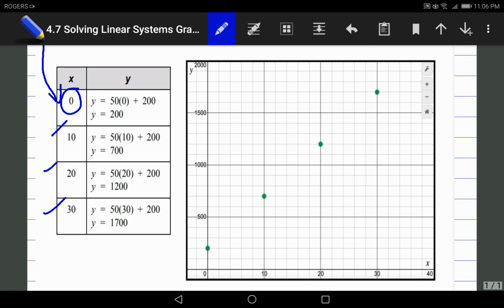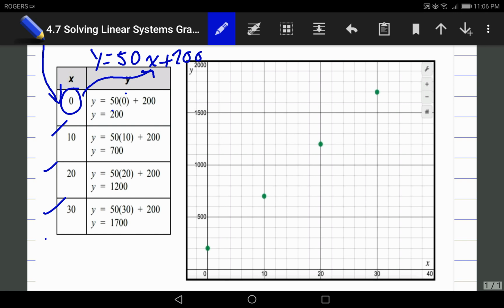And what I do to create my table of values is I take my equation of y equals 50x plus 200, and I substitute in these x values that I came up with. So for 0, I plugged in 0 for x, and 50 times 0 is 0 plus 200 is 200.